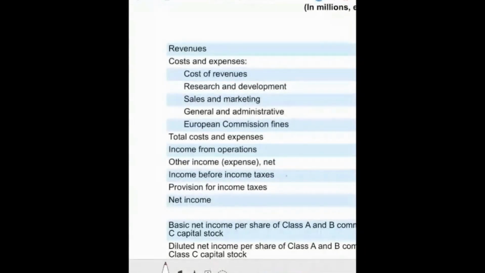Let's move on. Revenue is recorded every time the company sells a product or provides a service. Every time I look at the revenue, I want to look for consistency. I want to look for increasing revenue or stable revenue.